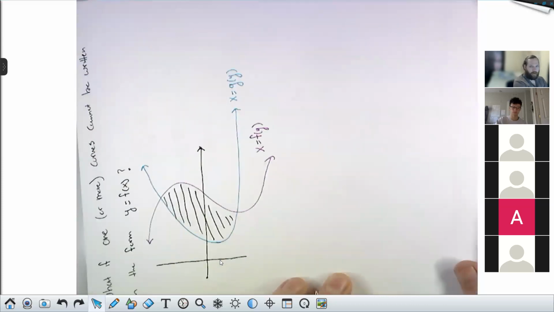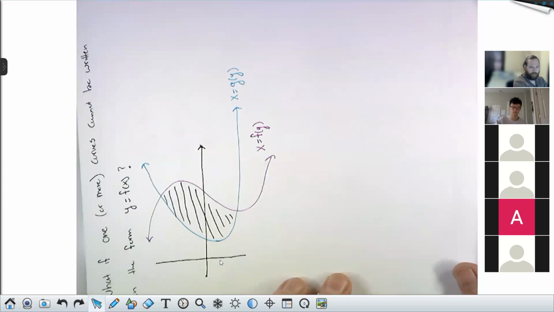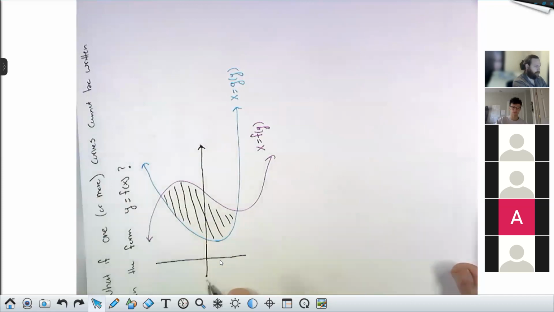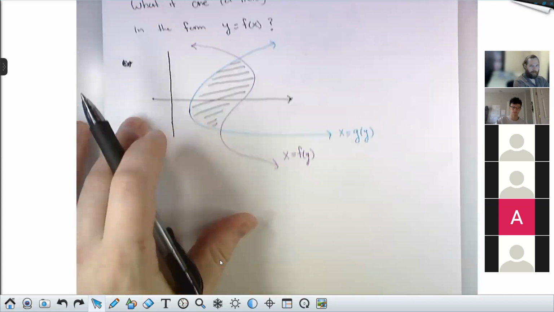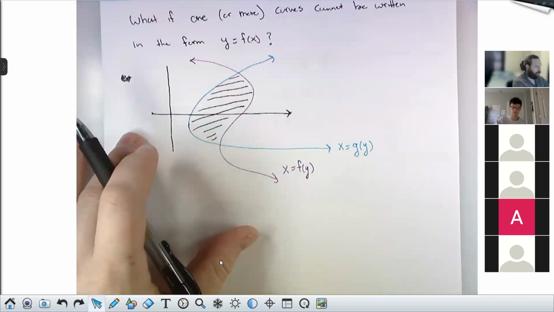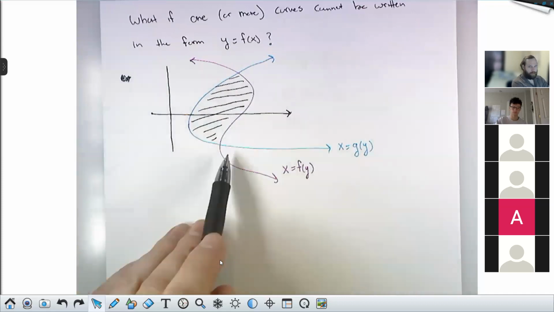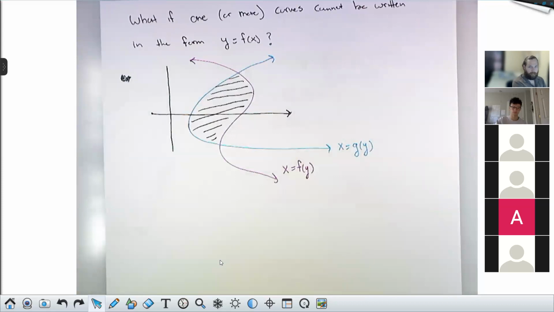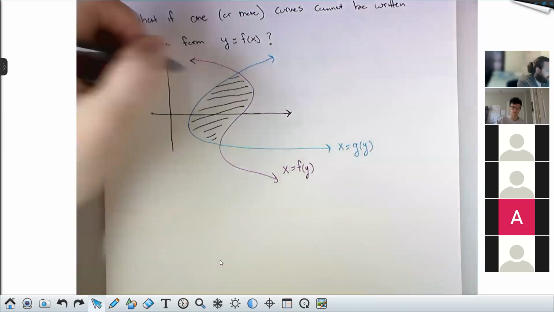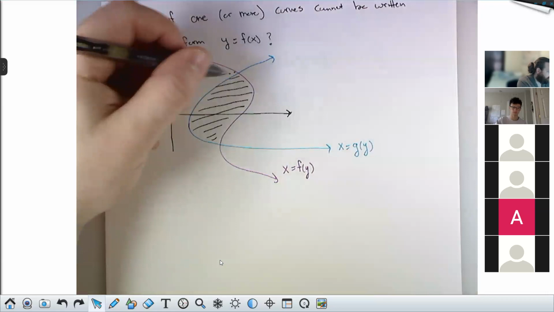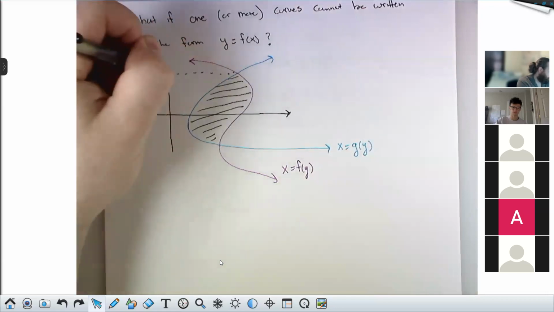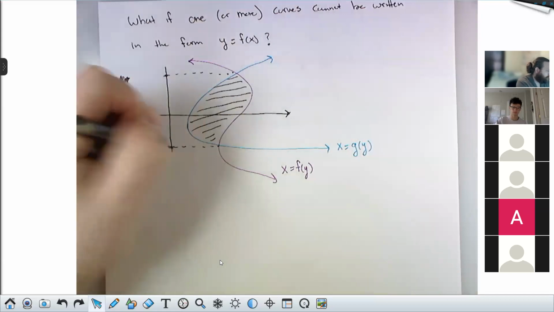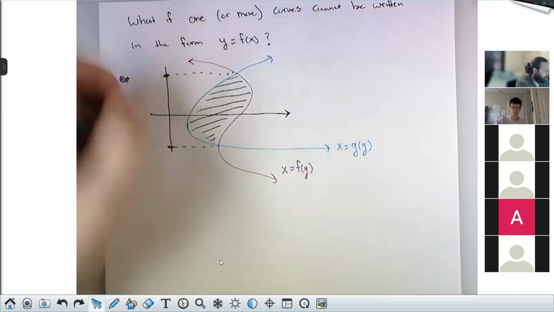Now there's an upper and a lower, right? If I look at it like this, purple is my upper, green is my lower. Well, that's what's going on. We're going to take the larger output values and subtract the smaller output values from them. In this case, your integral will be set up as a dy integral, which means that your bounds will be y values.